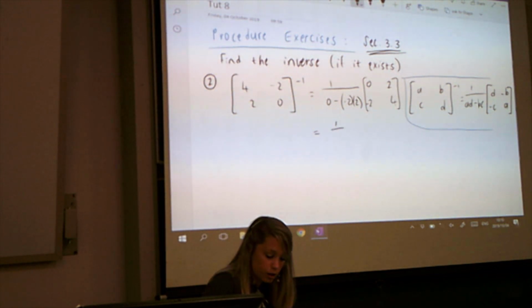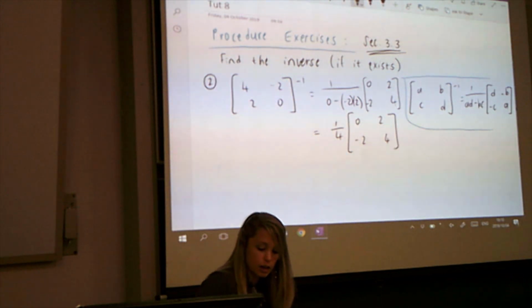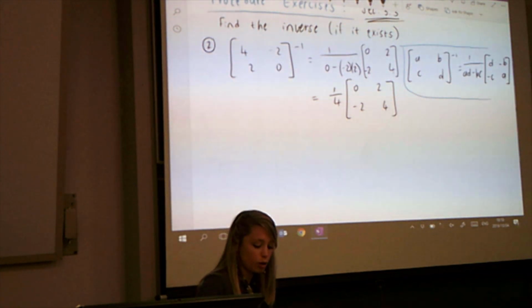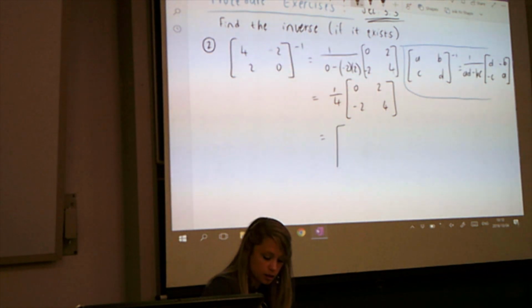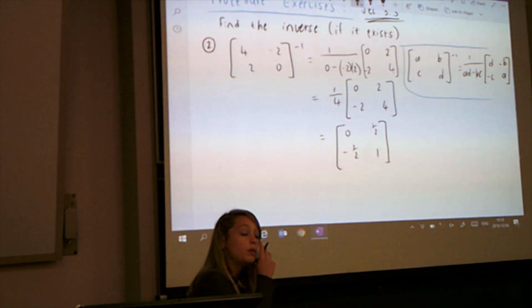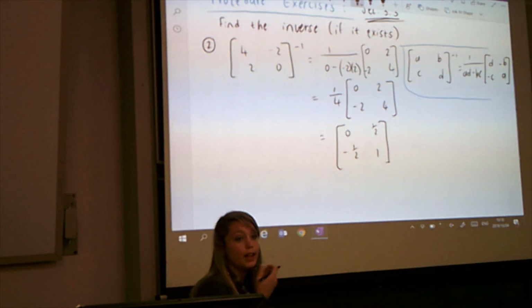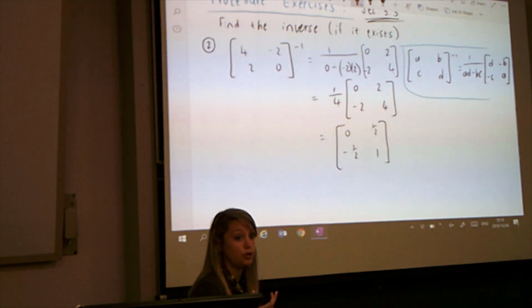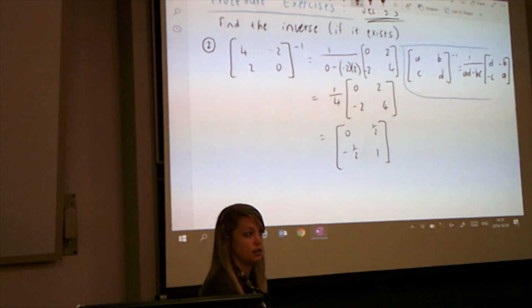So this is 1 over 4, 0 to minus 2, 4, and then I'm just going to multiply in that 1 over 4 to get 0, a half, minus a half, and 1. And you can always check whether your inverse is correct by multiplying it by your original matrix and checking that you do get the identity matrix.